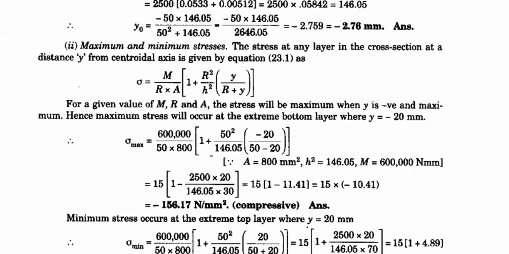And here I mentioned the statement that for a given value of M, R, and A, the stress will be maximum when y is negative. So hence maximum stress will occur at the bottom layer.